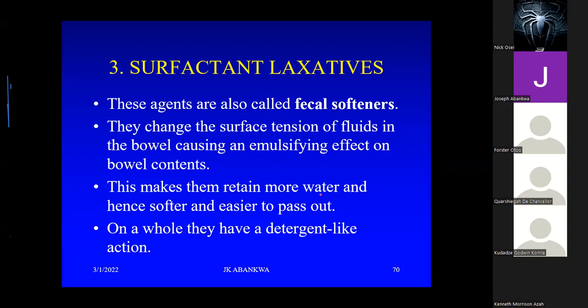This makes them retain more water and hence it softens the stool and makes it easier to pass out. On the whole, they have a detergent-like action, just like the way soap can be used to wash our oily bowls. That's how it acts.